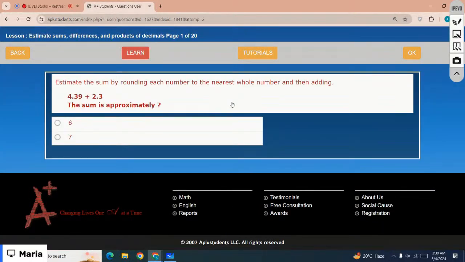Estimate the sum by rounding each number to the nearest whole number and then add. So you have to round off these numbers first, then you have to add.